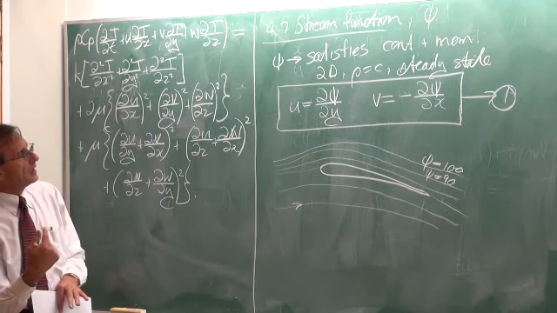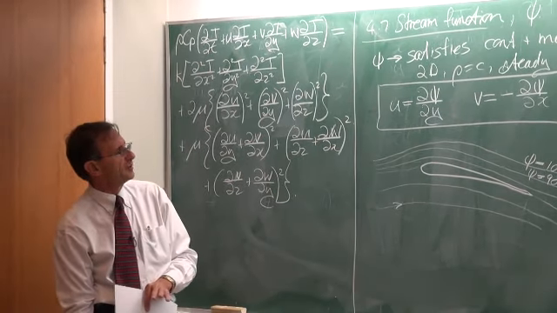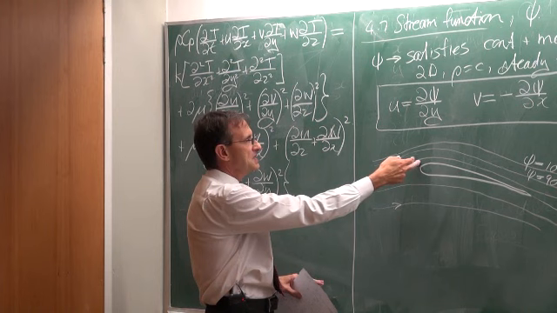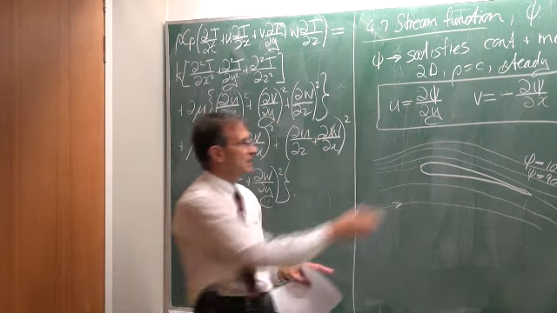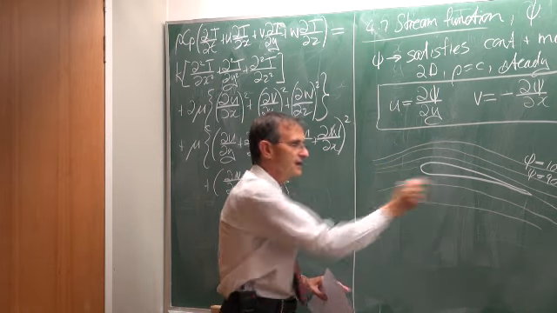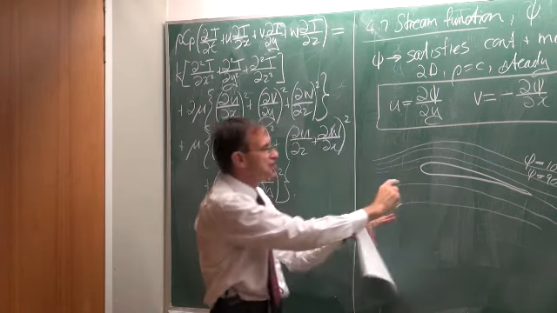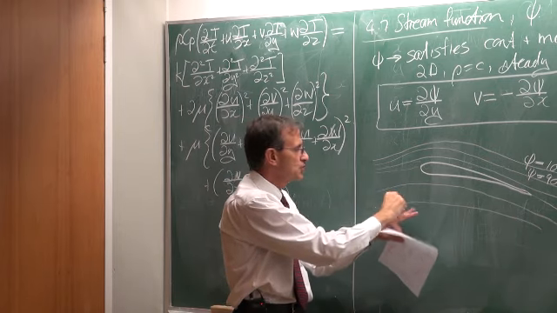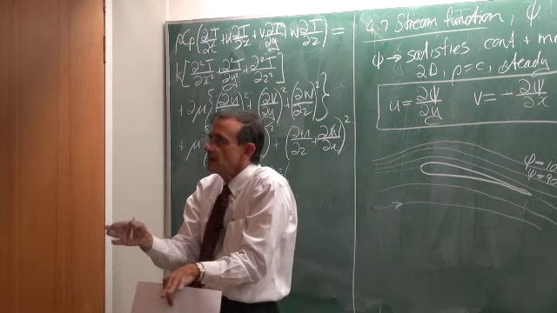Okay. Now people who have worked with this a long time would look at this flow field and say, well, the velocities here are going to be low and the velocities there, here the velocity is going to be high and there it is going to be low. So if you think of this as a channel and the flow is going through it, if the channel opens up, then the velocity would decrease.